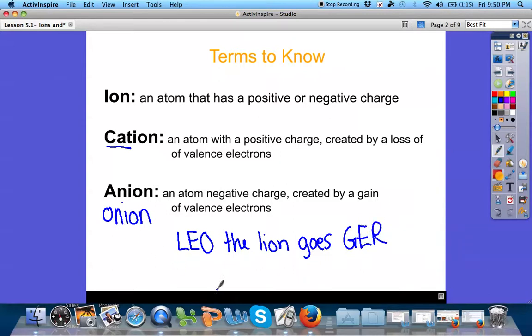So Leo stands for loss of electrons is oxidation, and gain of electrons is reduction.